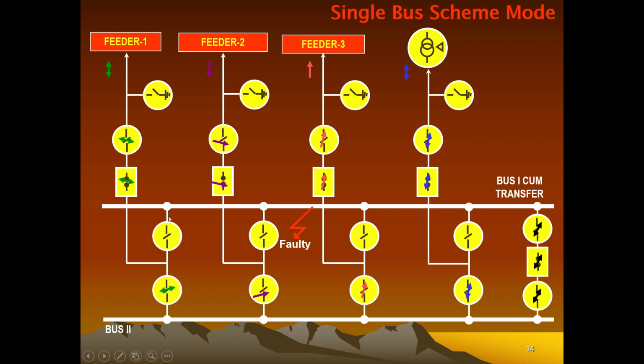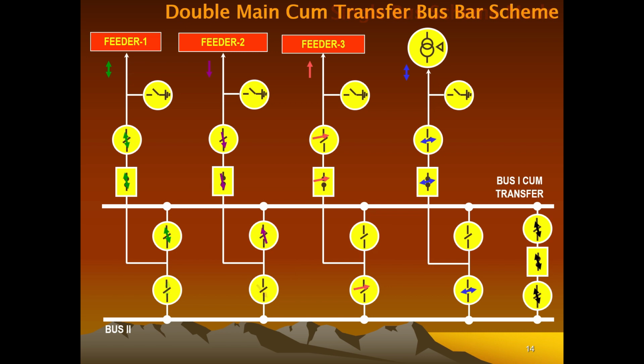In that case, we can transfer, or charge, these two feeders, feeder 1 and feeder 2, through the second bus, and the power flow will remain stationary. There will be no change in power flow prior to the fault and after removal of the fault, or after shifting the circuit from bus 1 to bus 2 or from bus 2 to bus 1. So in case there is a problem in any one bus, the feeder will remain charged through the second bus.